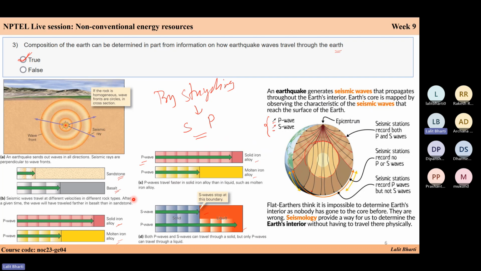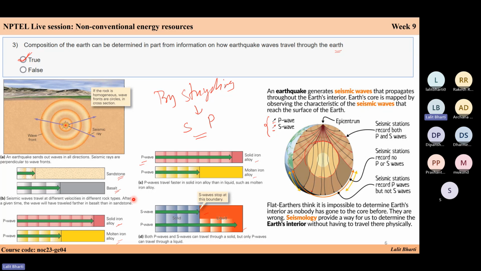Then question 3: composition of the earth can be determined in part from information on how earthquake waves travel through the earth. If anyone is from a geophysics background, they will know these terms: P waves, S waves. So what are these waves basically?